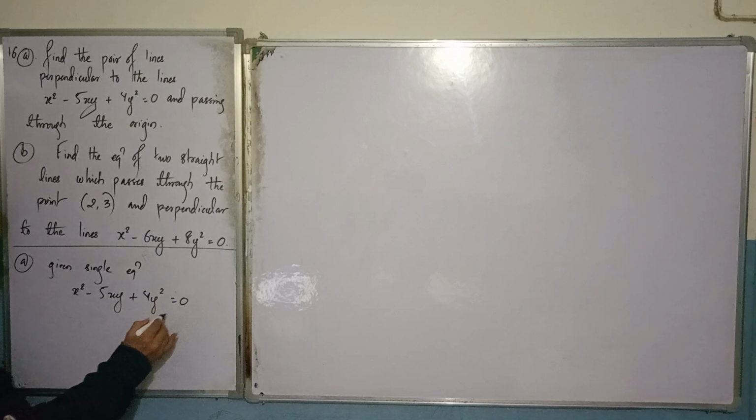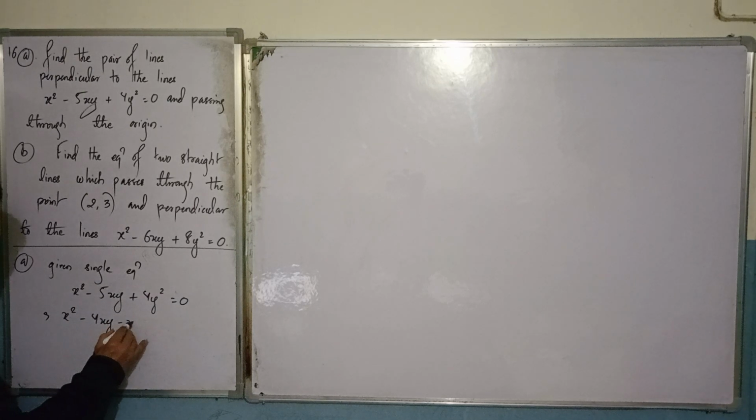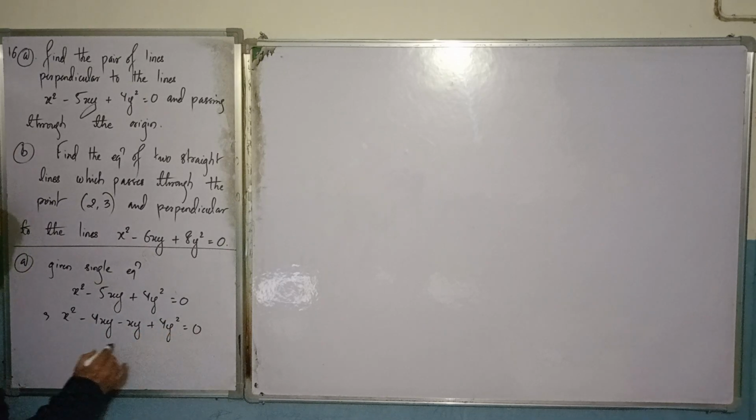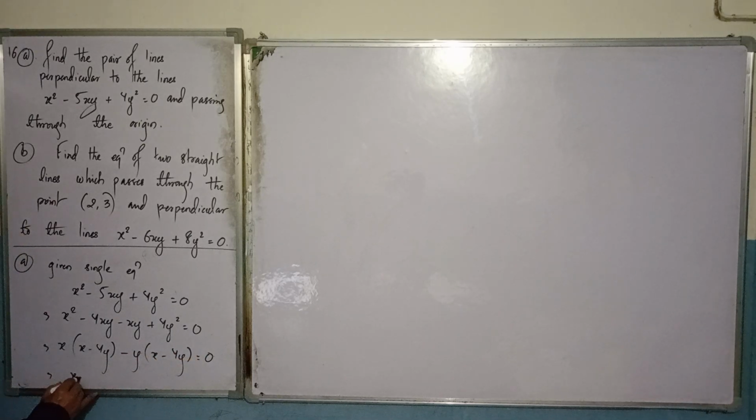So the first step, you just factorize this. x squared minus 4xy minus xy plus 4y squared is equal to 0, or x minus 4y times x minus y is equal to 0.